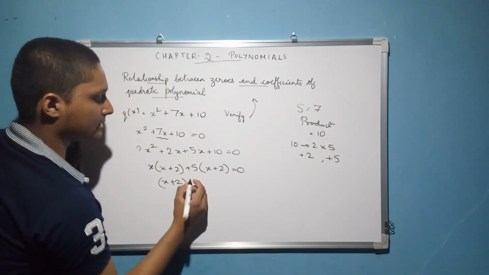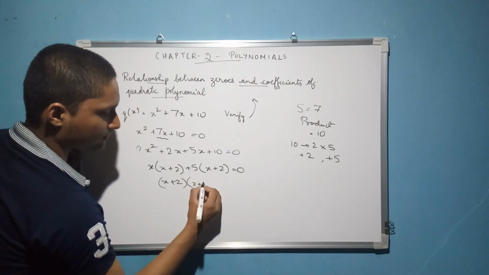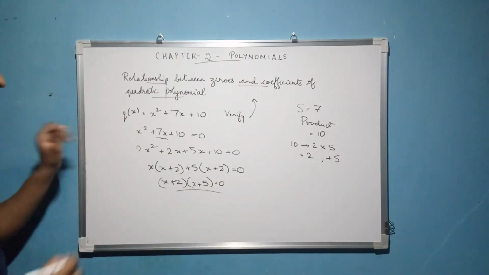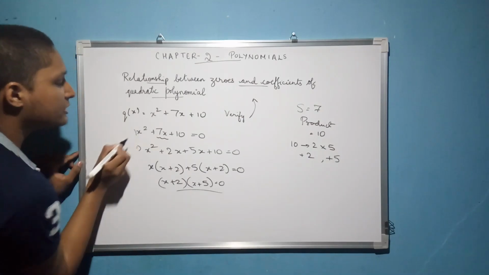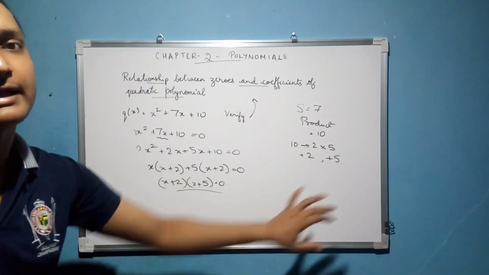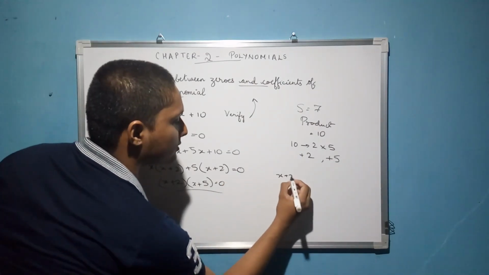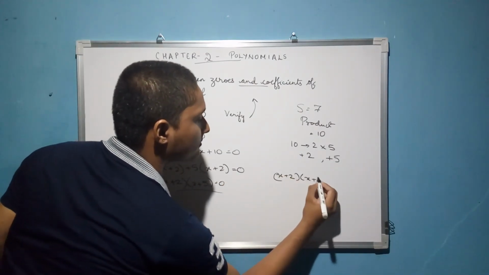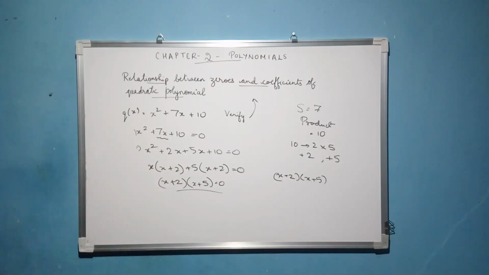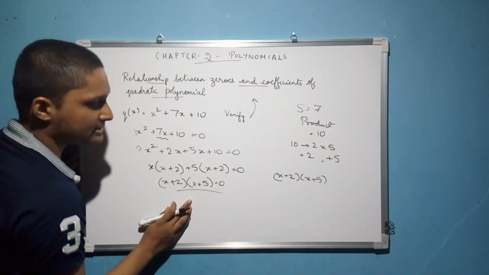Now you have x here and 5 there. One easy mechanism to see this: when the coefficient of x square is 1, from the number that you have got here, you can directly write it as x plus 2 into x plus 5. That's how you have observed here. So now you need to find the zeros here.